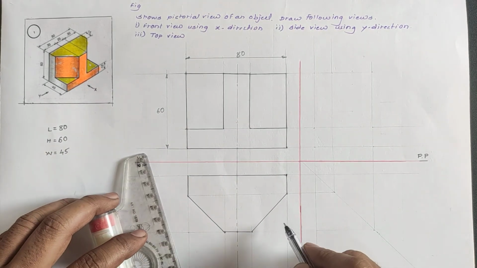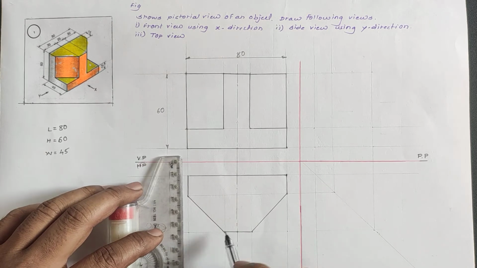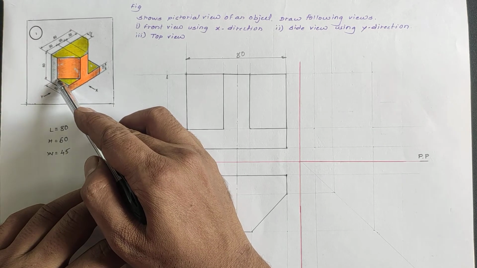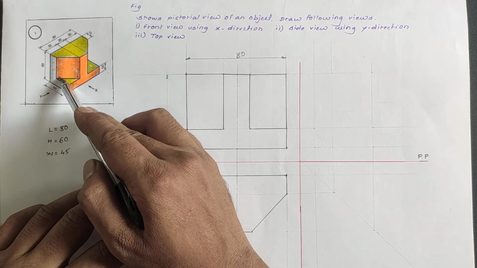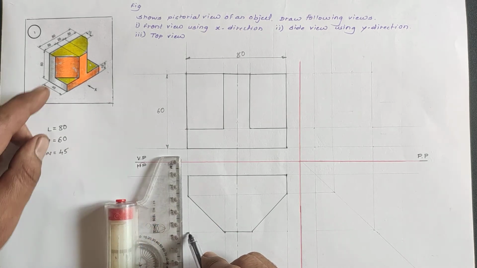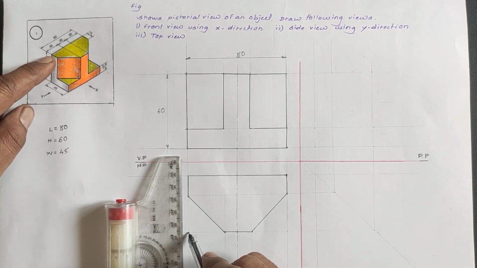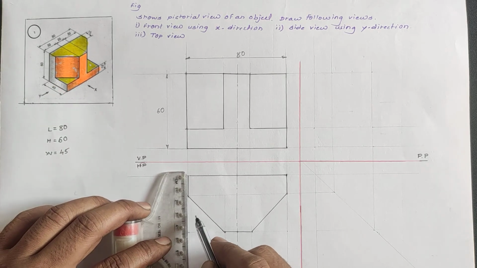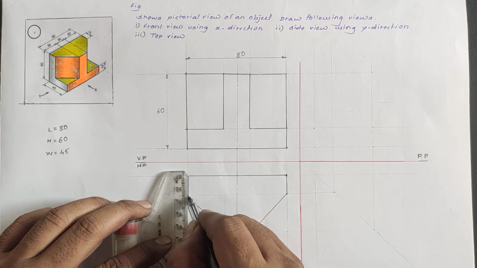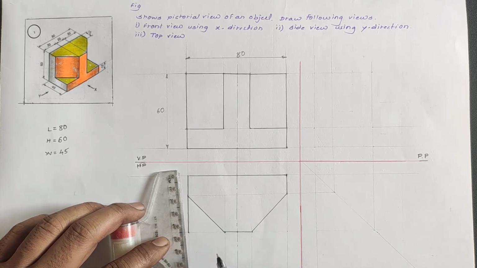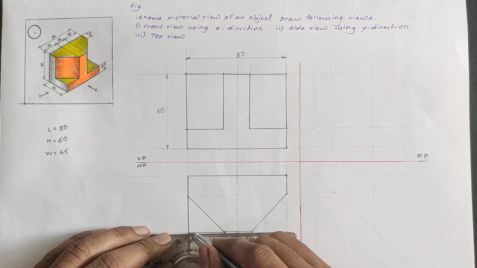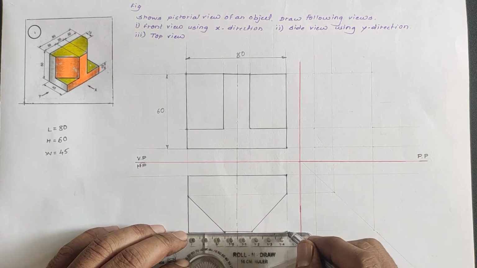Okay. Now the remaining portion, that is a triangular part, from this point we are going to shift here, because this is the height and we cannot see it in the top view. So from this point to this point, total thickness is 15 mm, remaining is 30 mm, and you can directly connect for both the sides.